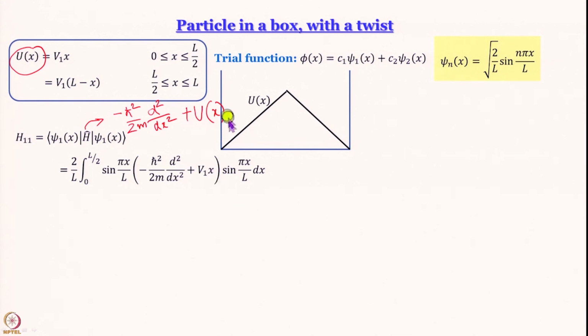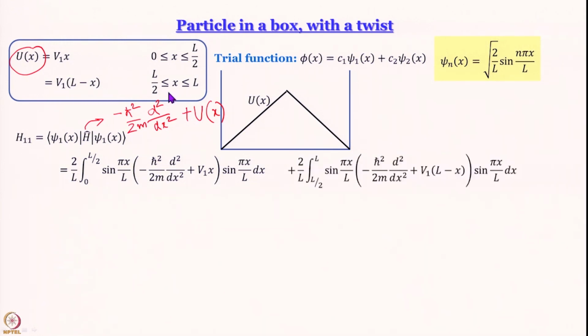In this case U of x is substituted by V1 x because I am integrating only up to L by 2, that operating on sin pi x by L dx. Okay. What will the second integral be? Same thing, except the limits would be from L by 2 to L, and instead of V1 x here I will write V1 into L minus x. Okay. This is what it is.